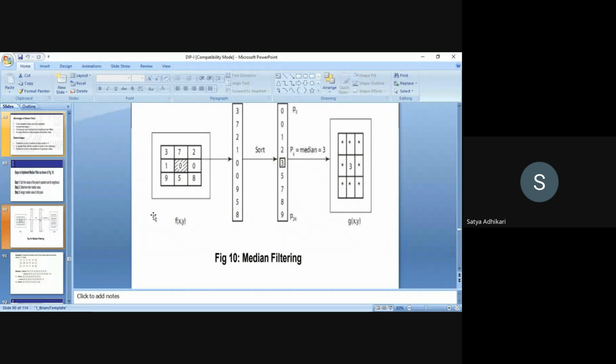And in order to find the median we first sort the values, and 3 is the median value. So 0 will be replaced by 3. Similarly, the other pixel values will be replaced by their medians. And finally, we get a new image after the median filter.